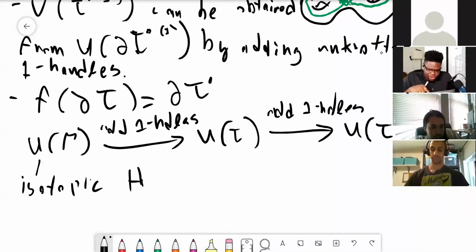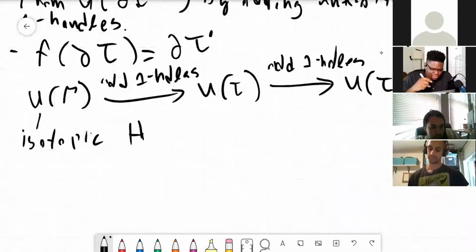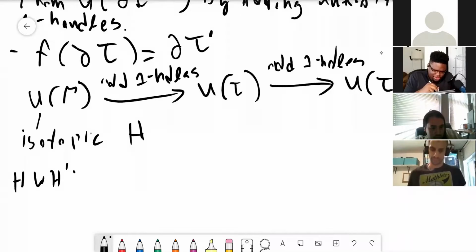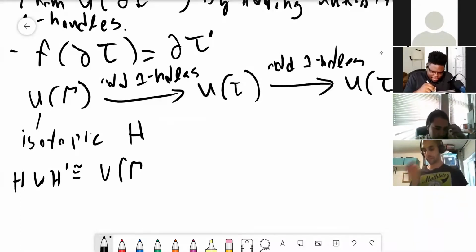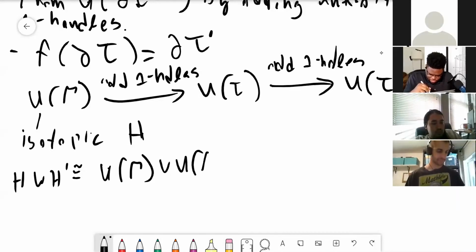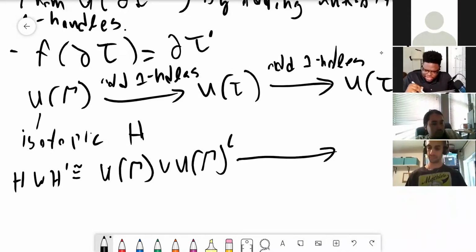And therefore, we can just write this line that this Heegaard splitting is equivalent. It's not the exact same, so I'll write this. It's equivalent to a Heegaard splitting given by taking a neighborhood of gamma and its complement. And then we can stabilize.